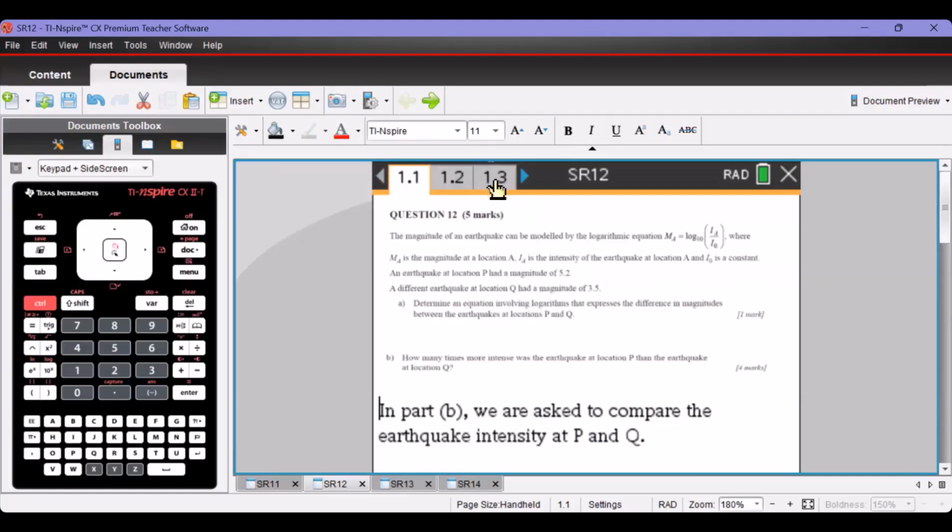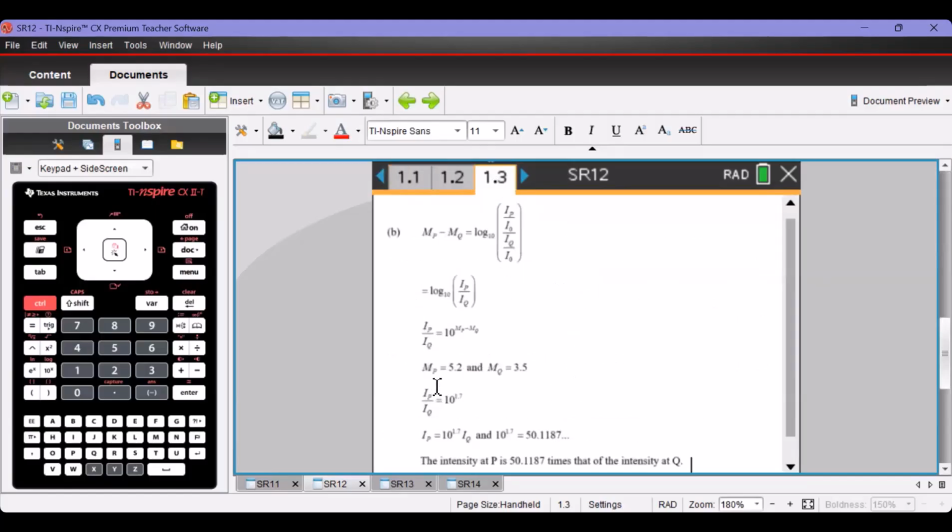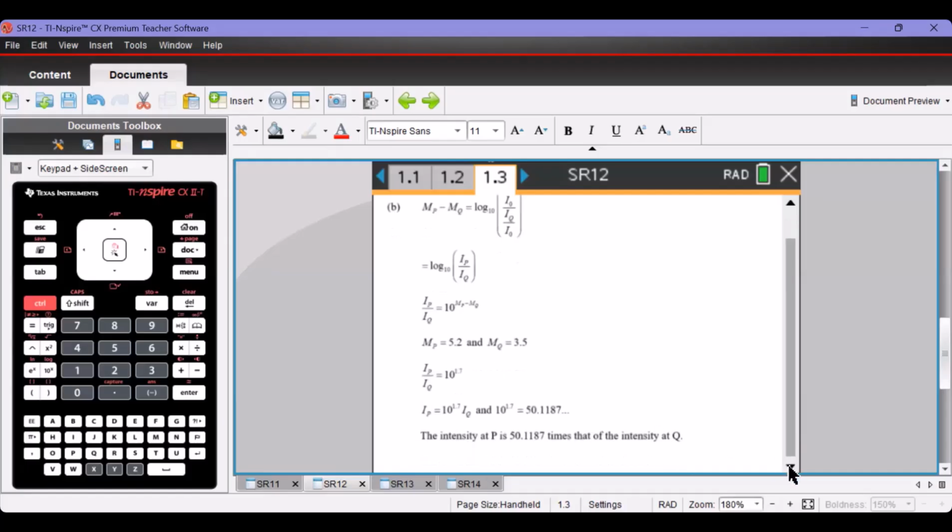So we can make that substitution into line 3 to obtain IP on IQ is equal to 10 to the power of 5.2 minus 3.5, which gives us 1.7. So we're nearly there. What we can do now is multiply both sides of this equation by IQ, and so IP is equal to 10 to the power of 1.7 times IQ.